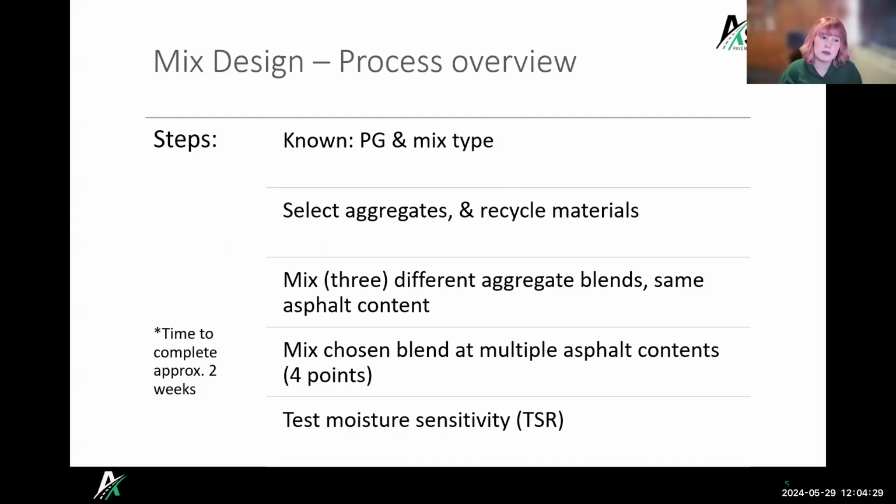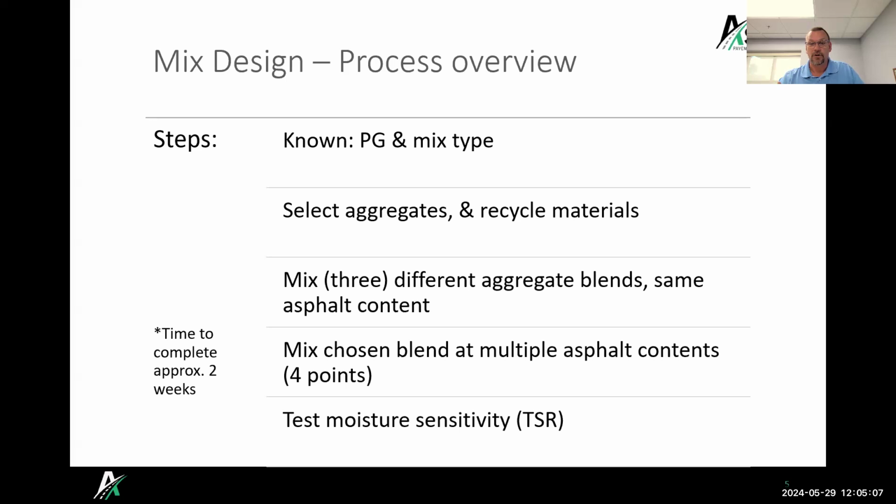So Chuck, what goes into creating a mix design? Our knowns are the binder type that we need to use for the specific application, as well as the mix type. That gets figured out ahead of time, and then it gets sent over to put together a mix design. From there, we have to select the aggregates that we're going to use, and any recycled materials if we're using any of those. We put together typically 3 different blends of the aggregates with the same asphalt content and test that.